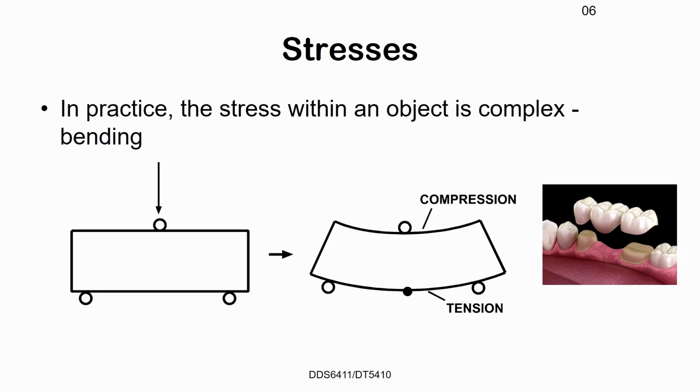Now that's a regular beam. When you have a dental bridge, like the one on the right, where the geometry is really complicated, the stresses will not necessarily be at the bottom of the bridge. They tend to be at the sections with the smallest dimension, the proximal region.